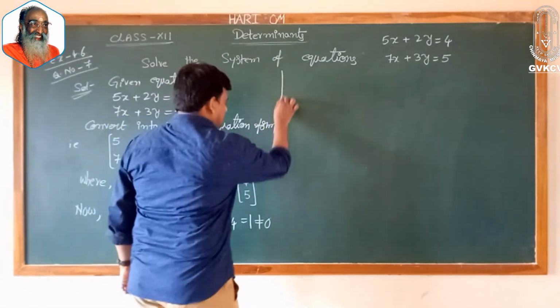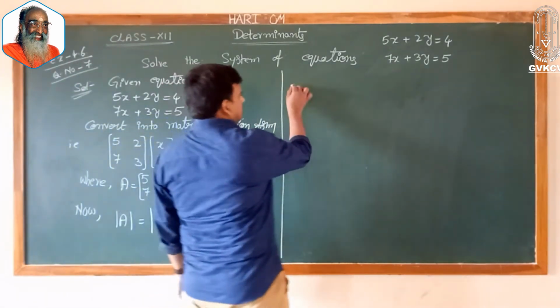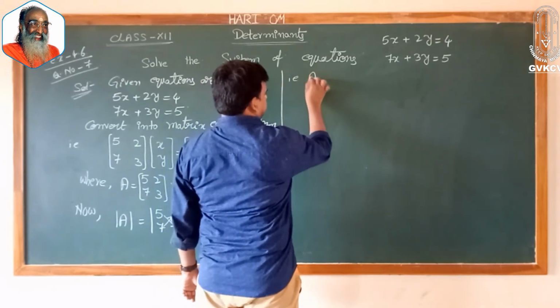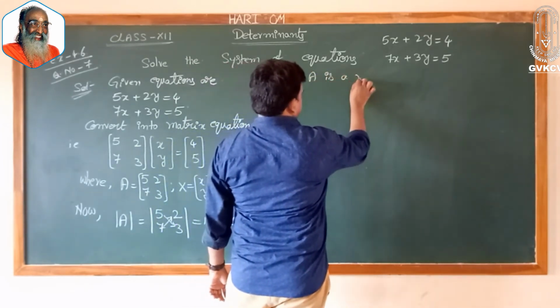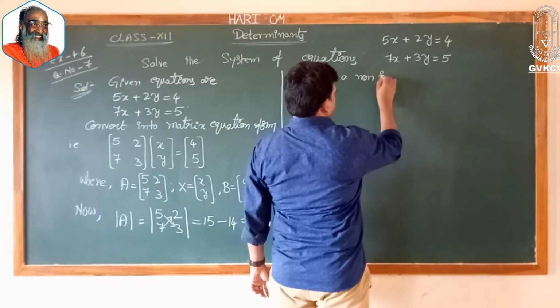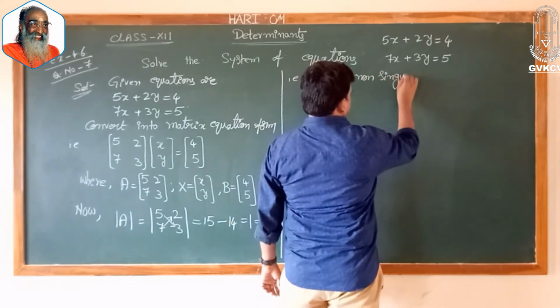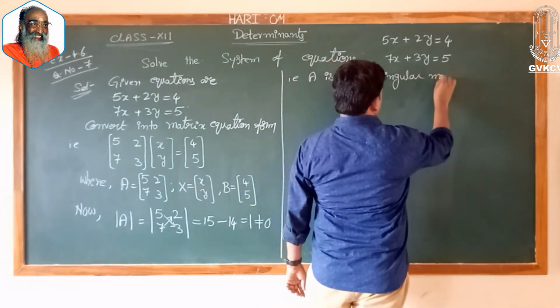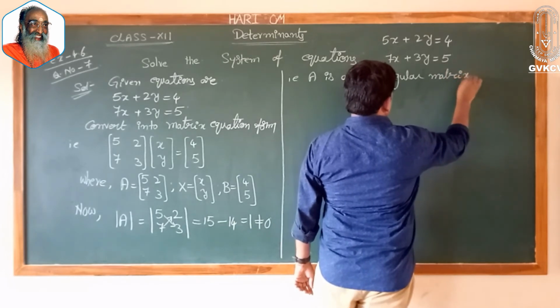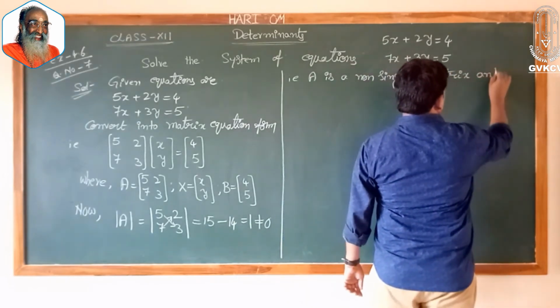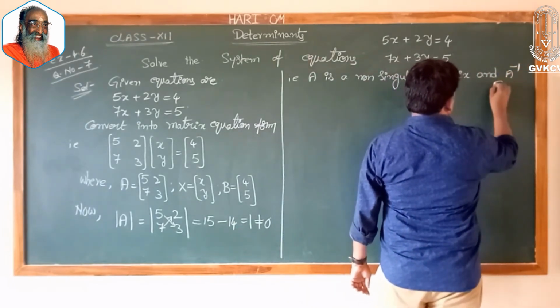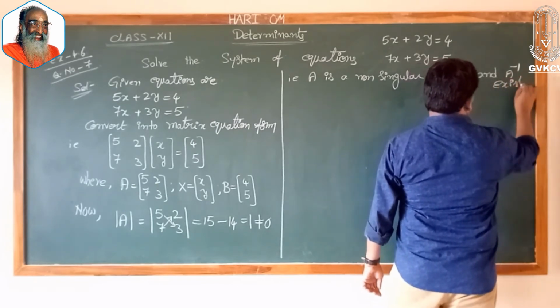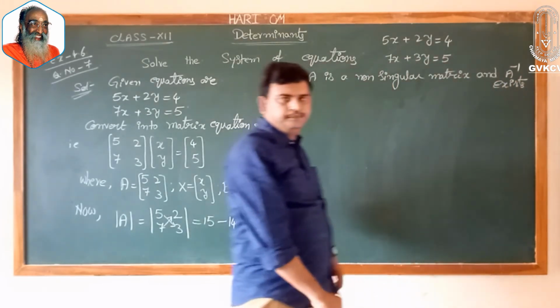When the determinant is not equal to 0, A is a non-singular matrix and A inverse exists.